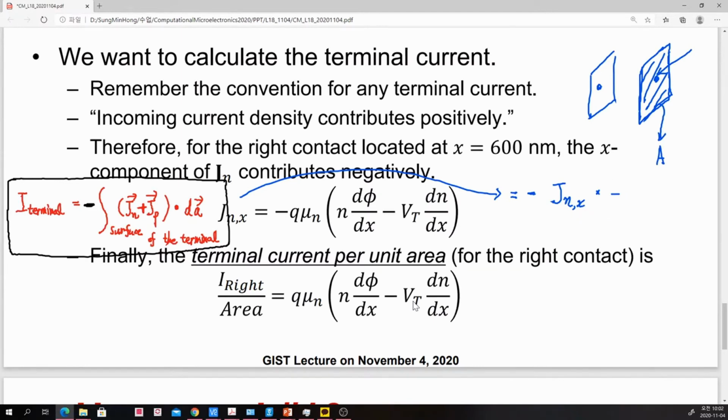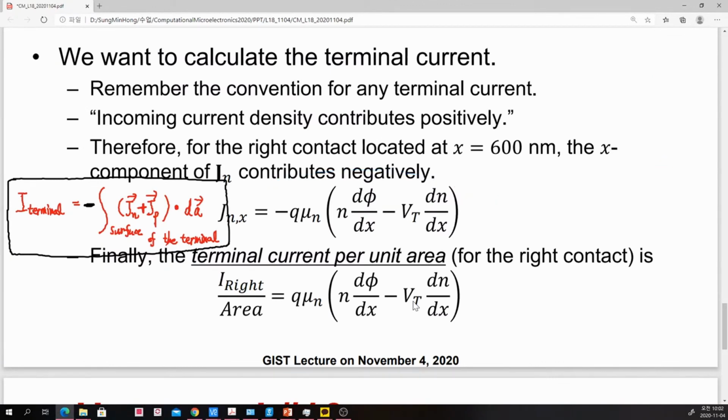So that is an important convention. And in this one-dimensional case, you can take the current density which is closest to your contact of interest, take that Jn value, and multiply by the area of your system. Then you will get the answer.